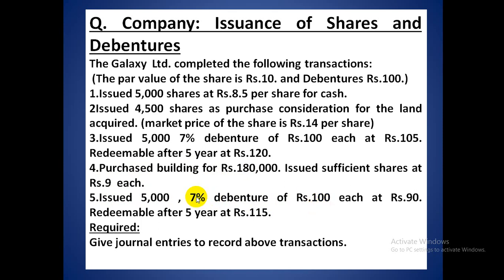Again, ignore the percentage of interest. We do not have to record interest at the time of issuance of debentures. 100 rupees debenture is issued at 90 and will be redeemed for rupees 115. So this is the situation of issuance of debentures at discount, redeemable at premium. You can watch previous lectures to understand the concept in detail.